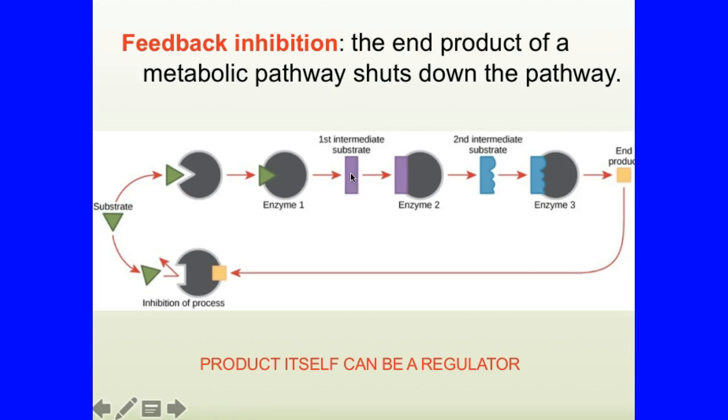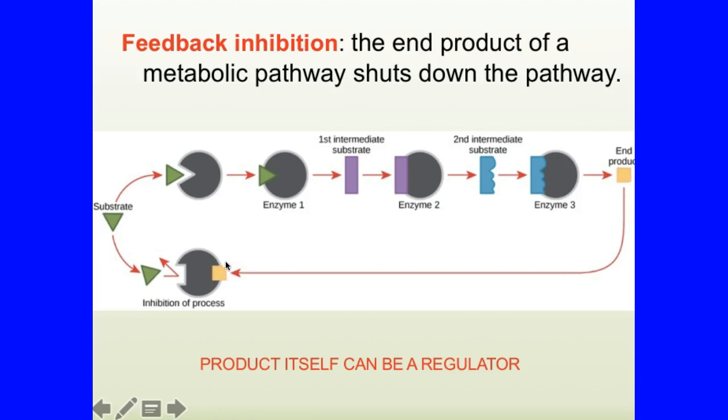Then this purple rectangle is very specific for this enzyme. They attach, make an enzyme substrate complex, and that results in this blue wavy looking thing. This is the product of that reaction. Now this is the reactant, and the substrate is going to attach to this enzyme. They once again form another enzyme substrate complex, and that results in this final end product. Well, this end product comes around, and guess what it's going to do now?